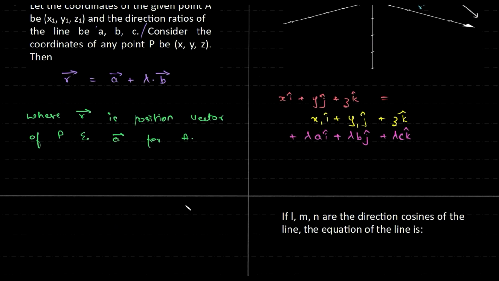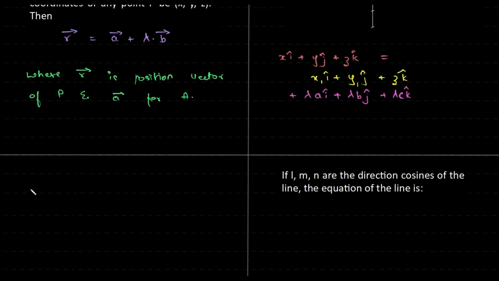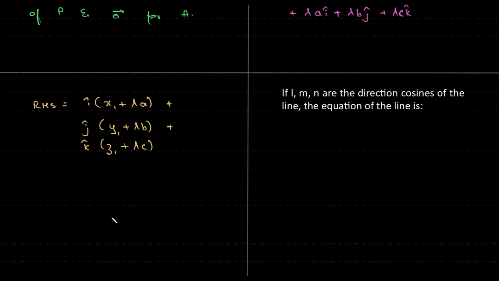Further rearranging, the RHS will be: if I take i cap out, we have x1 plus lambda a, plus j cap times y1 plus lambda b, plus k cap times z1 plus lambda c. That's our RHS.